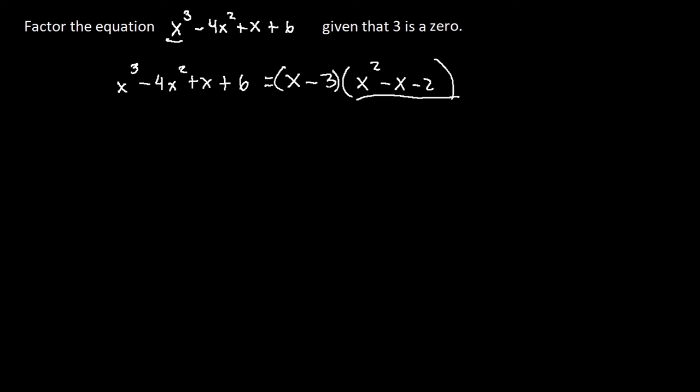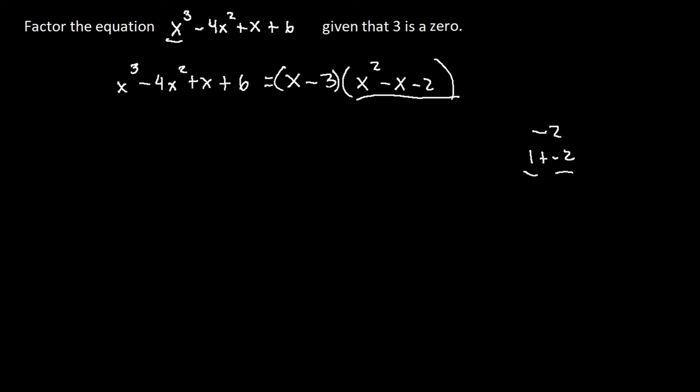Now what number multiplies to negative 2 but adds up to negative 1? Well, 1 times 2 multiplies to 2, and now we just have to figure out where to put the negative sign in order to achieve negative 1, or if we add the two numbers, we achieve negative 1. 1 plus negative 2 equals negative 1.